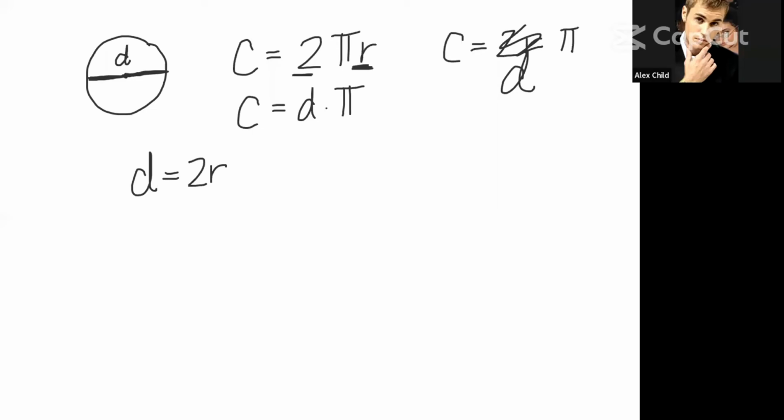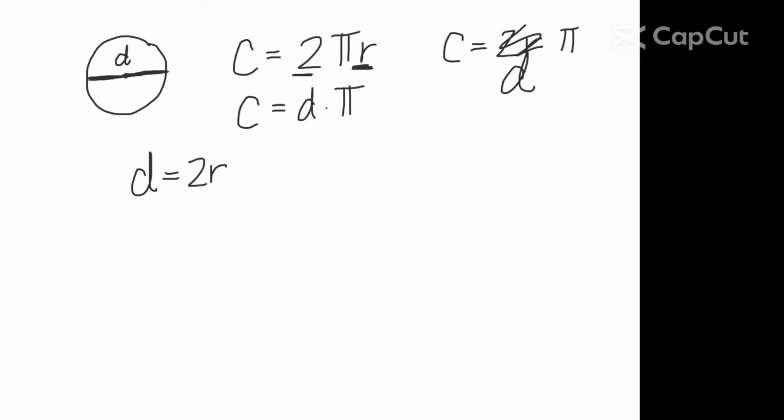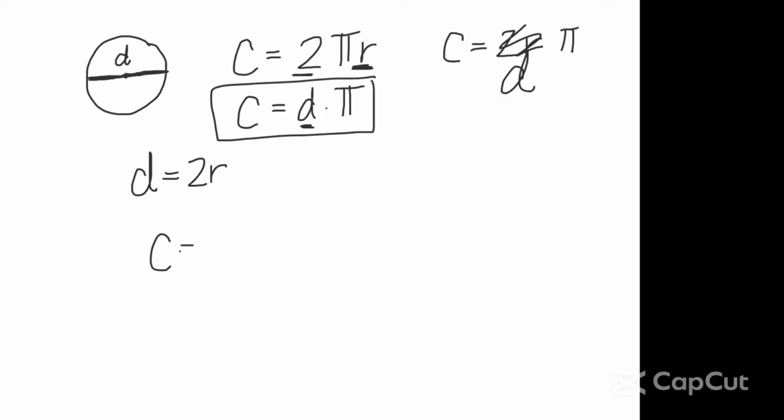Okay. So it'd be like, if diameter is 4, it's gonna be 8. No. If the diameter is 4, the circumference, we have the diameter. So we use this equation. So circumference is 4 pi.